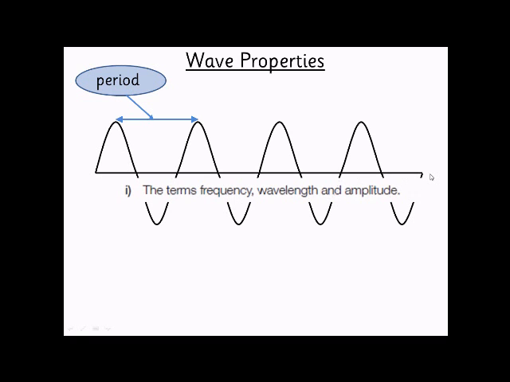And the frequency, which we measure in hertz, is 1 divided by this time period being measured in seconds. So for example, if we had a wave with a time period of 2 seconds, the frequency would be 1 divided by 2, that would be half a wave every second, or half a hertz.